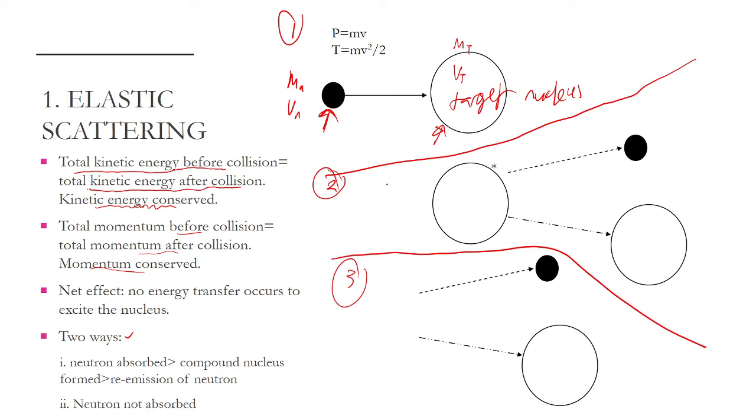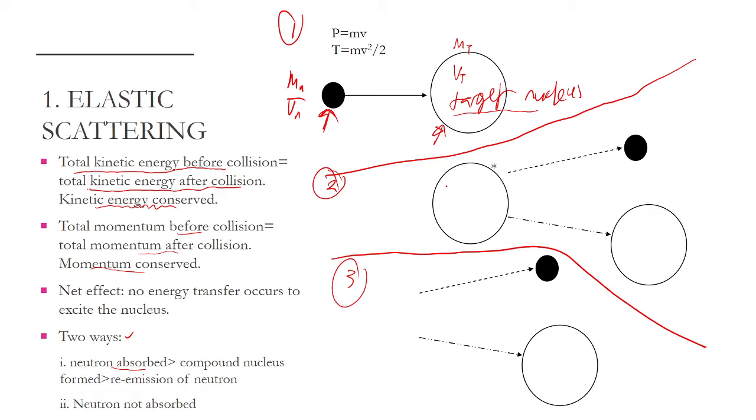The first one is that the neutron is absorbed. Before the collision, the neutron enters the target nucleus.